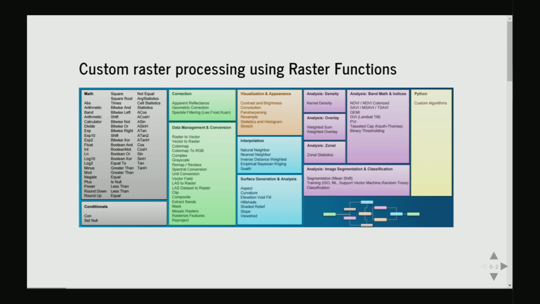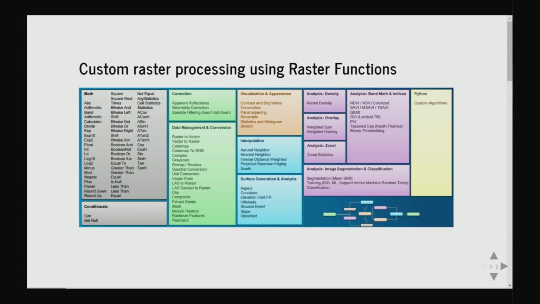And then a lot of analysis functions: band arithmetic, NDVI, the different kinds of indices. And if there's something specific that we don't provide, and it's your algorithm that you want to bring in, we also give you the ability to create your own Python raster functions that work on the pixel data and do the analysis that you want to do.